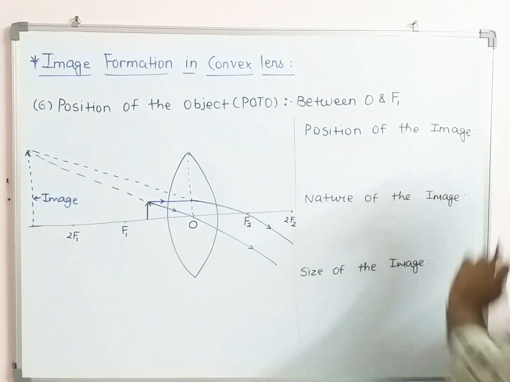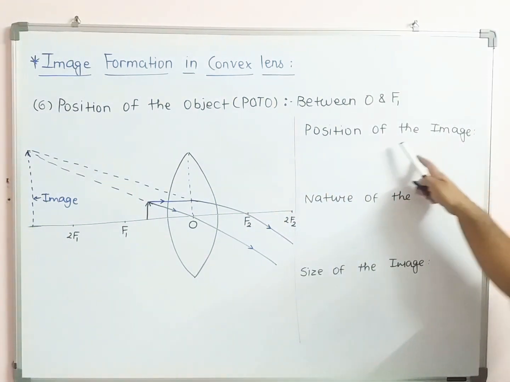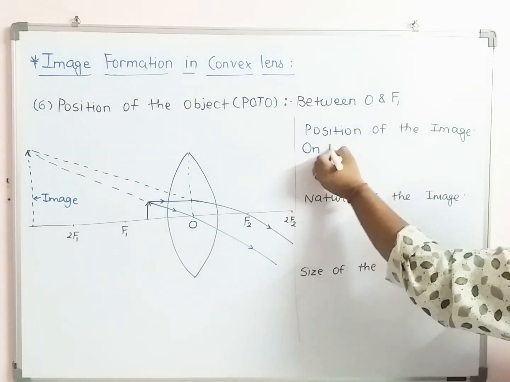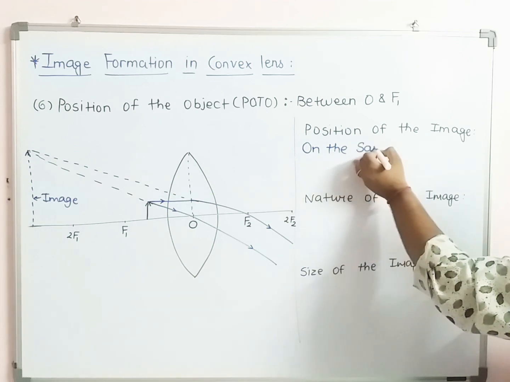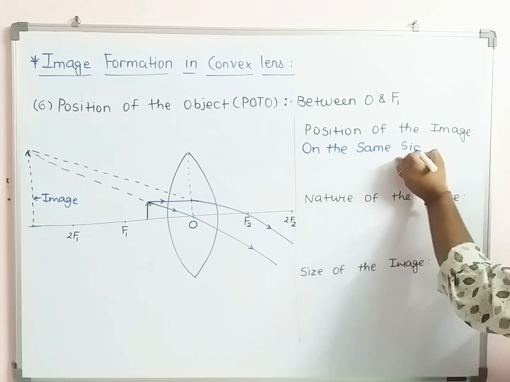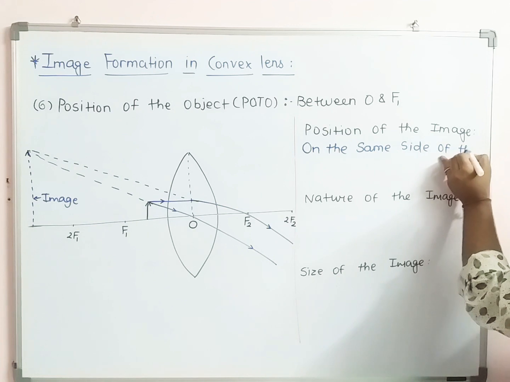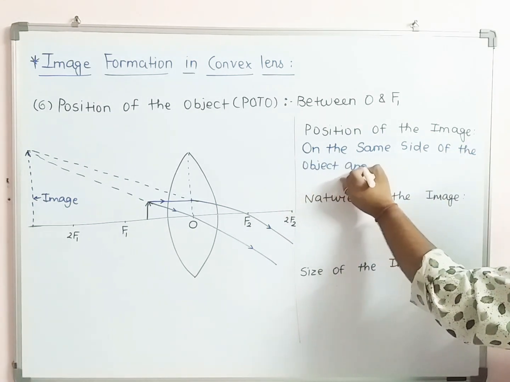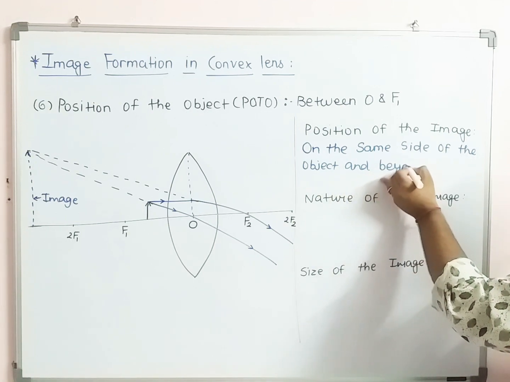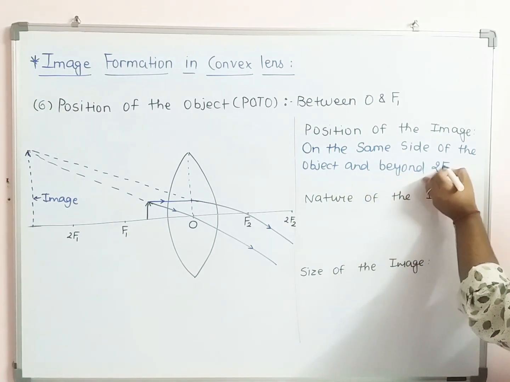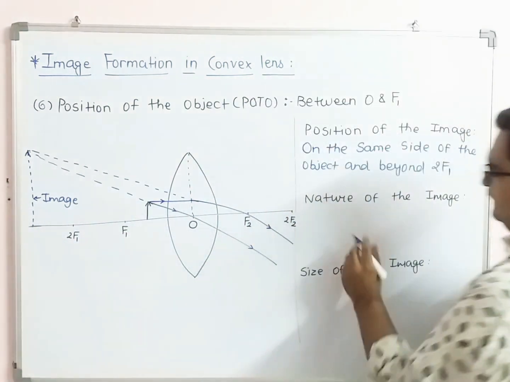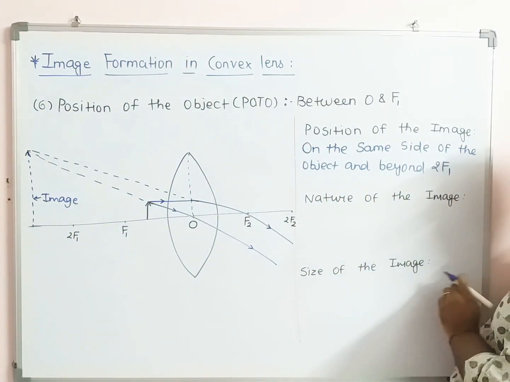So what is the position of the image? So the position of the image is on the same side of the object, on the same side of the object and beyond 2F1.